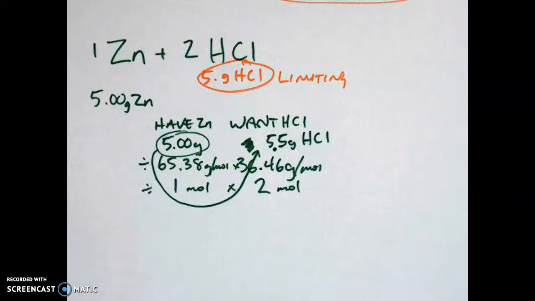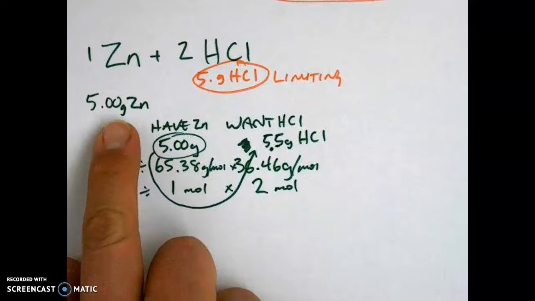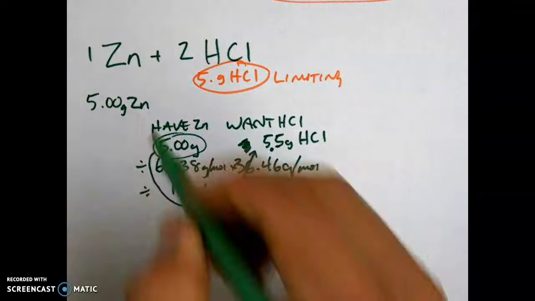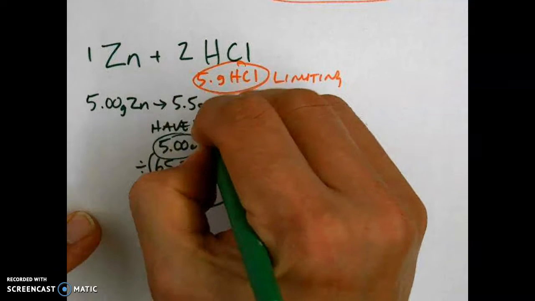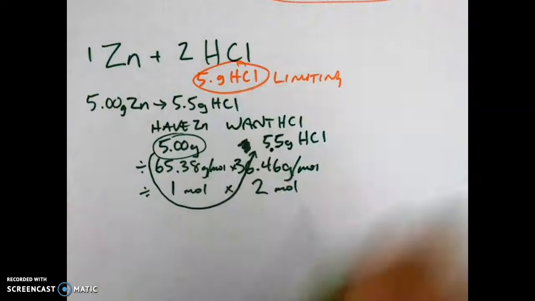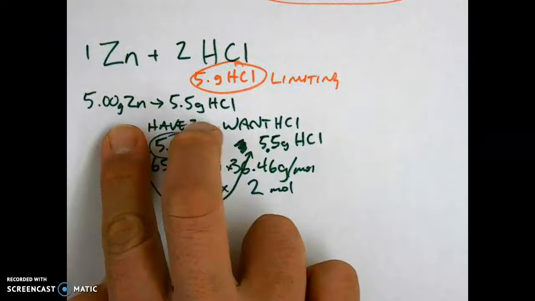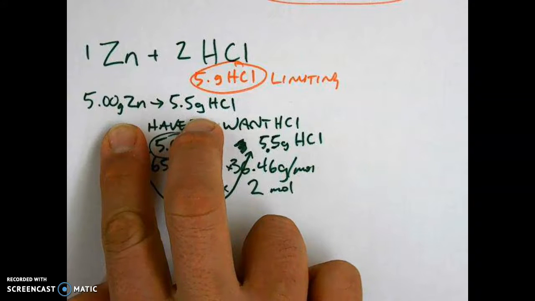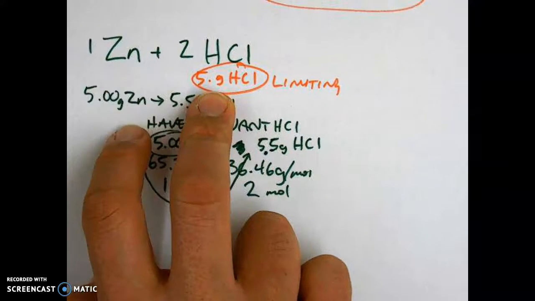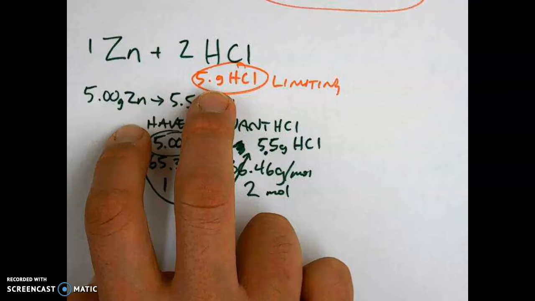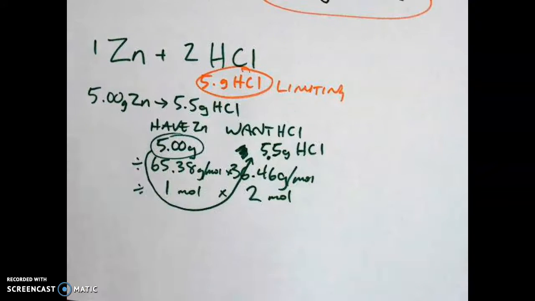So 5 grams of HCl is your limiting reactant. You have excess zinc, because 5 grams of zinc uses up 5.5 grams of HCl. We only have 5, so we use up all our HCl, but we don't use up all our zinc. Does that make sense?